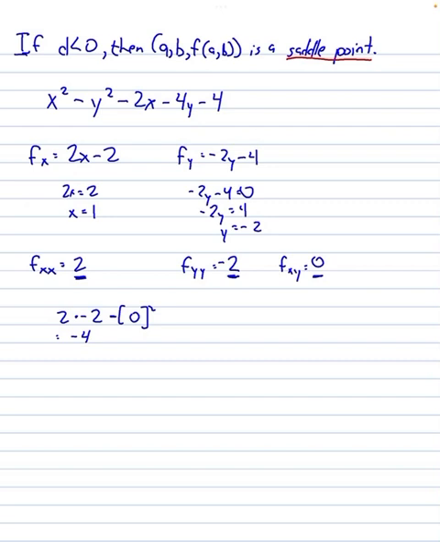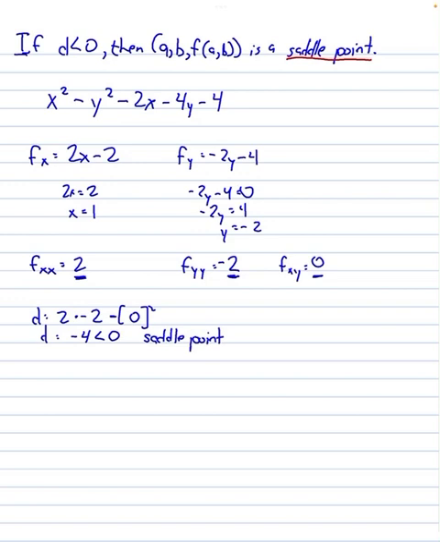Now, if we remember, if negative 4 was less than 0, then we had a saddle point. This was D, if we recall. If it's less than 0, we had a saddle point, and our saddle point, as I move up, would be A, B, and F of AB.